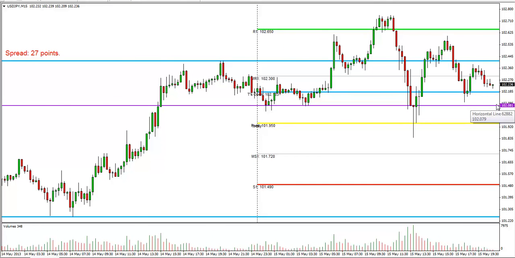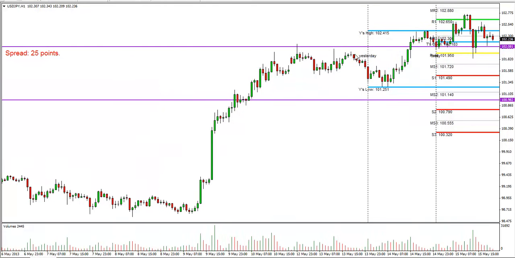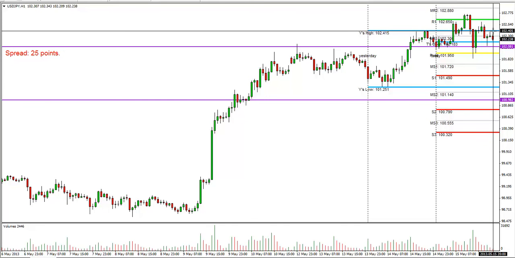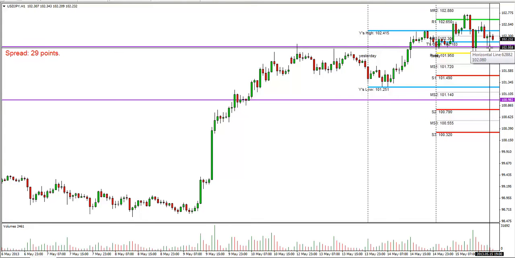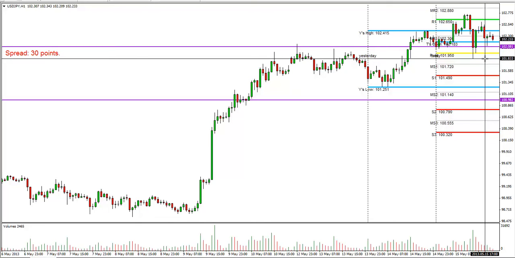An entry signal long for this currency pair is going to be once we trade above the previous day's high of 102.40. We're not going to take any trades long until then. So we're going to wait for 102.40, and we're going to place a protected stop under 102, or you could give it a little more wiggle room at 101.83.